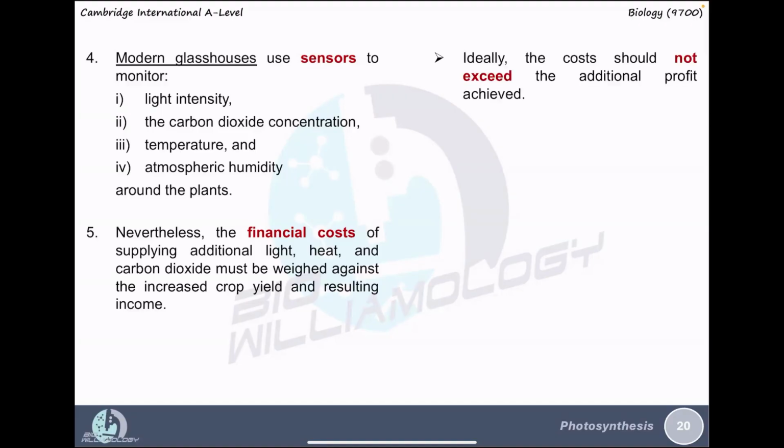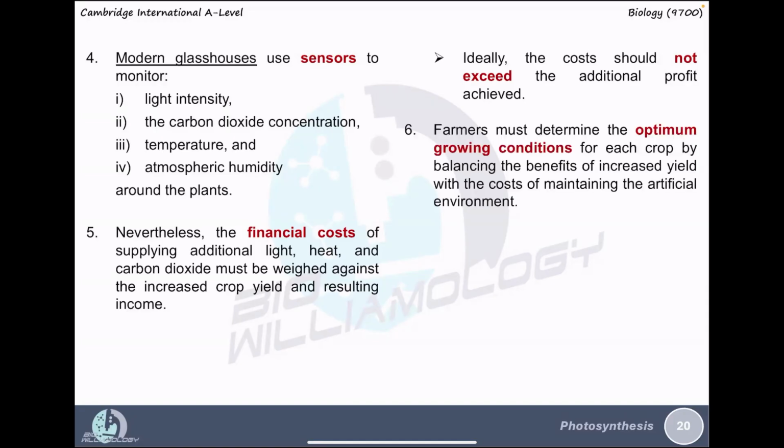Ideally, the cost should not exceed the additional profit achieved. No point when we spend more and at the end the farmer didn't actually earn extra. So the farmer must determine the optimum growing condition for each crop by balancing the benefit of increased yield with the cost of maintaining the artificial environment.